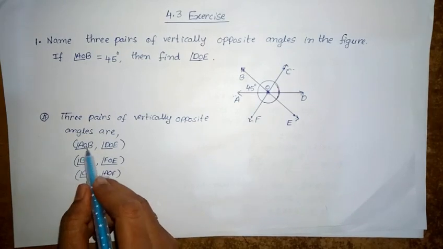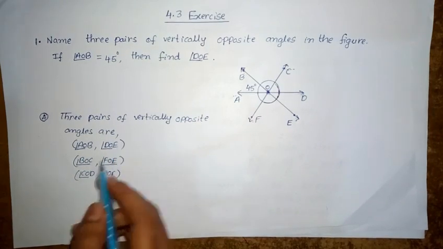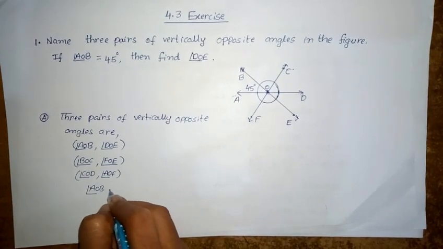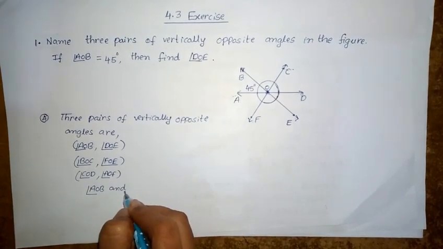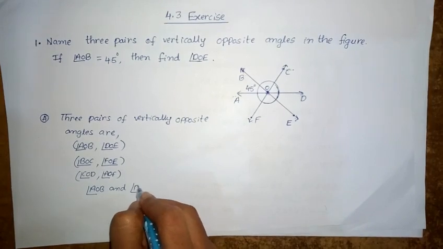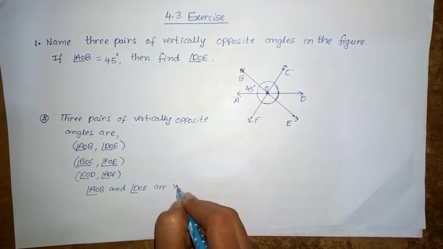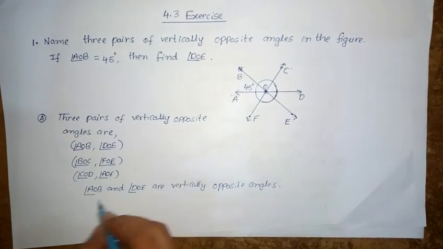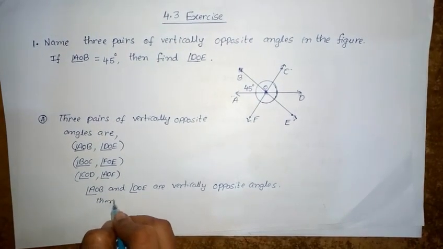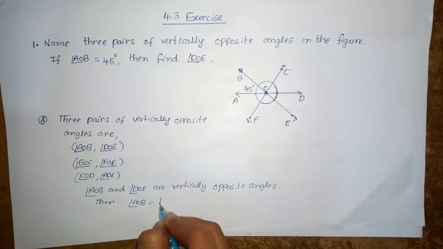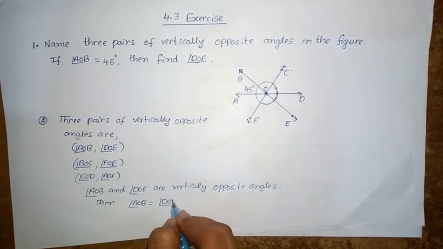Now observe, angle AOB and angle DOE are vertically opposite angles. Then angle AOB is equal to angle DOE.